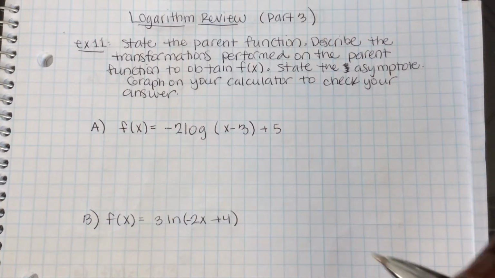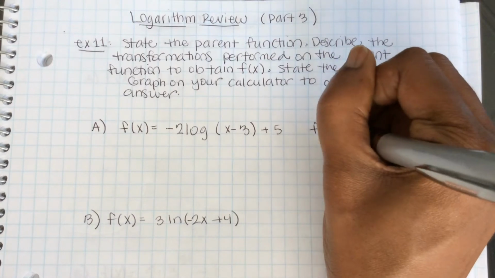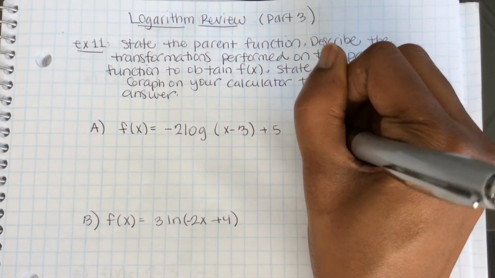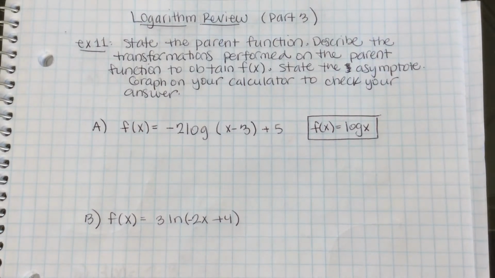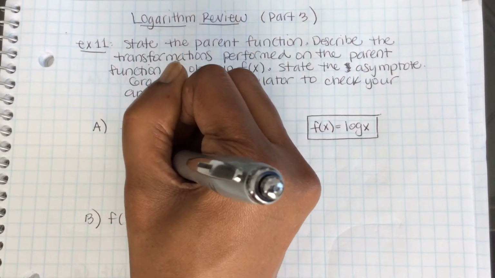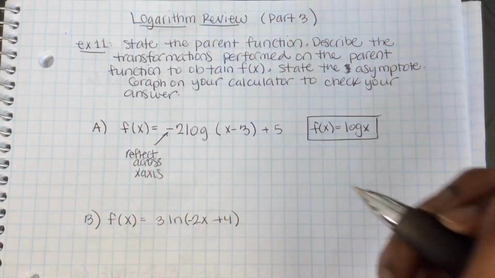Okay, great. So first, if I look at this function, I know that my parent function is f of x equals log of x, nothing else done to it. So this negative in front reflects across the x-axis.